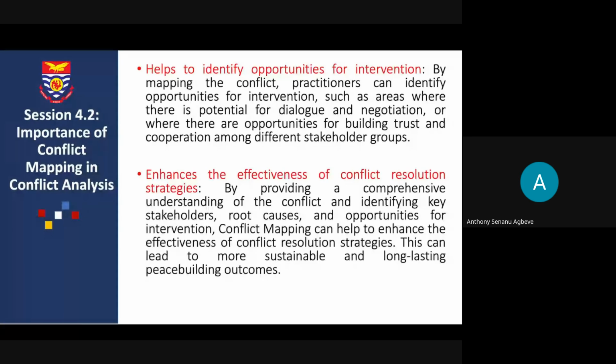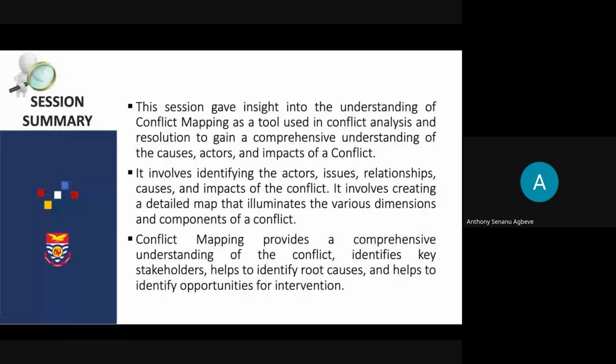So at the end of the day, it's difficult for them to accept any form of intervention or resolution that the committee or whatever authority that was set up to oversee the conflict proposes. So it's very effective because at the end of the day, everyone was given the opportunity to participate. So it's an effective way of dealing with conflicts.